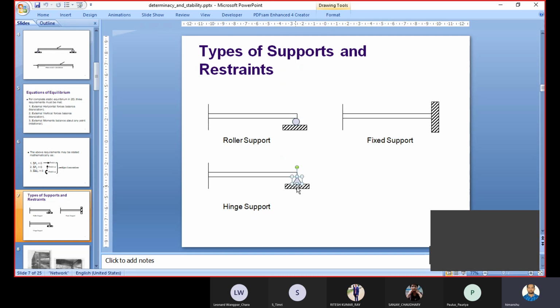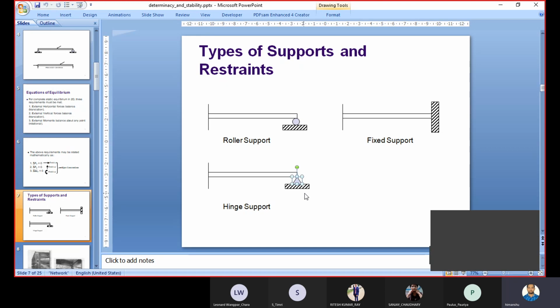Then comes your hinge support. This is your hinge support, and this is a symbol which we use while solving our equations or problems. A hinge support is free to move in that direction, but it is partially restrained in the xy direction.